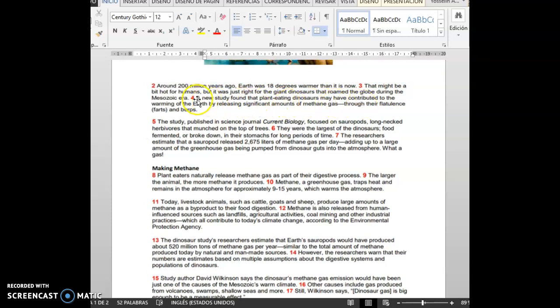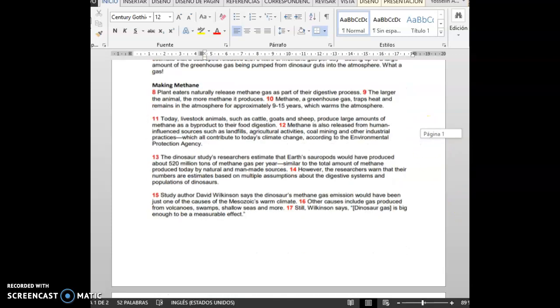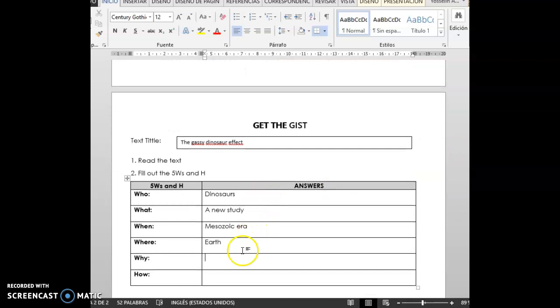It says, line 4, a new study found that plant-eating dinosaurs might have contributed to the warming of the earth. So the reading is telling you why: dinosaurs have contributed to warming.